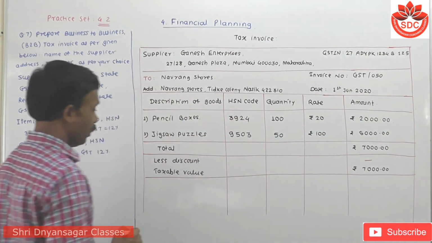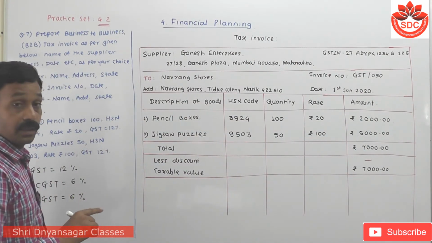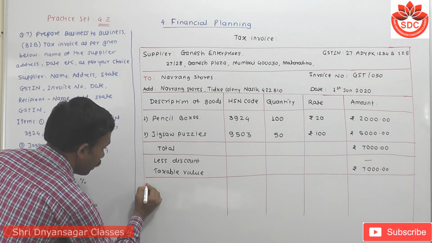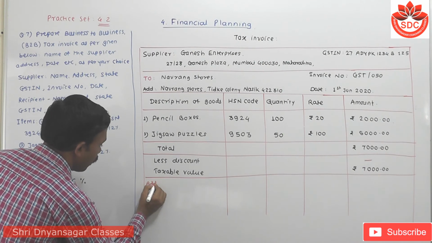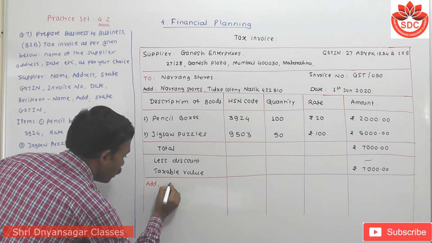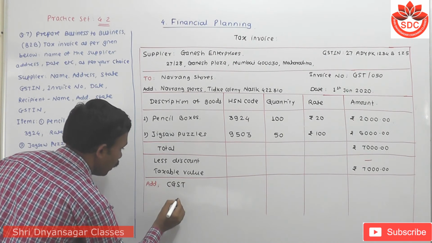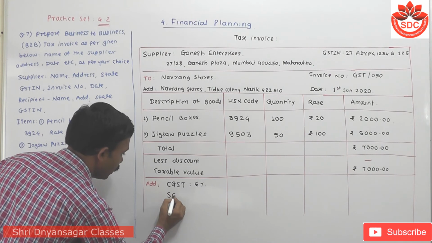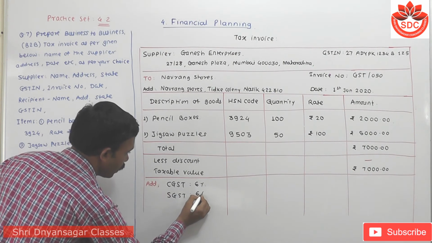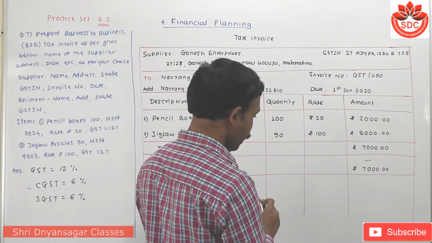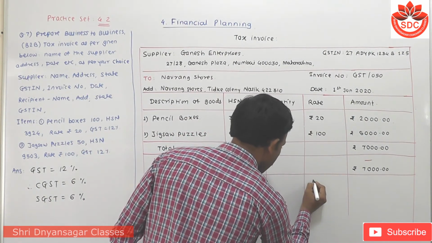Then student, we have to add CGST and SGST for it, so here we add CGST is 6% and SGST is also 6%. Now you have to directly take here, means that rate is 6%.